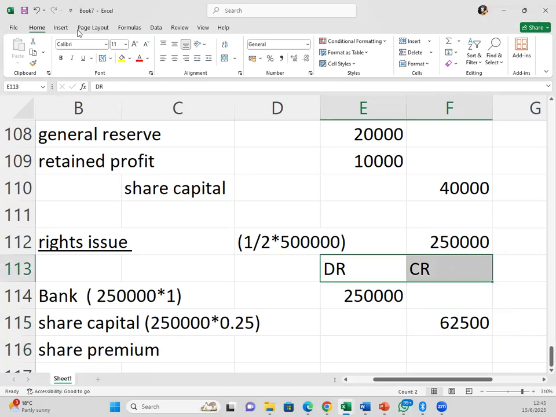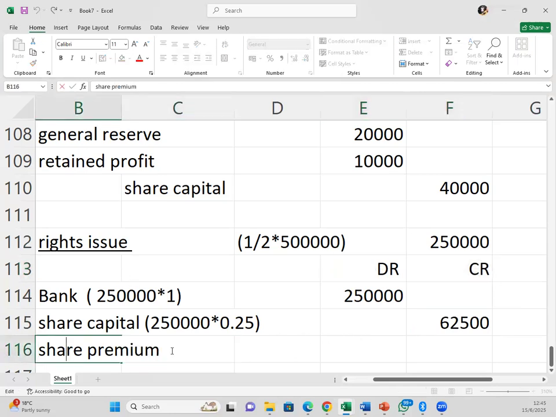Then after that, for the share premium, you take again 250,000 times the premium. If we sold at $1 and 25 cents was the par value, how much was the premium?